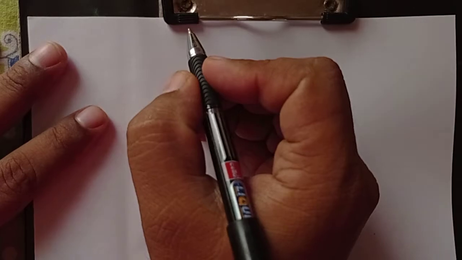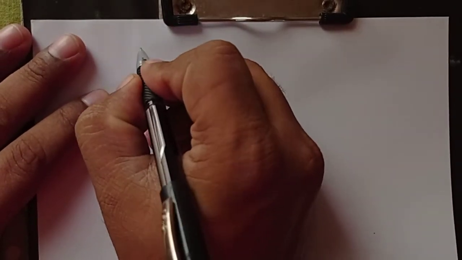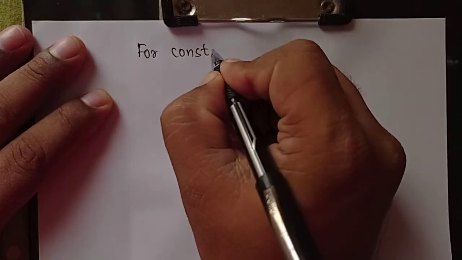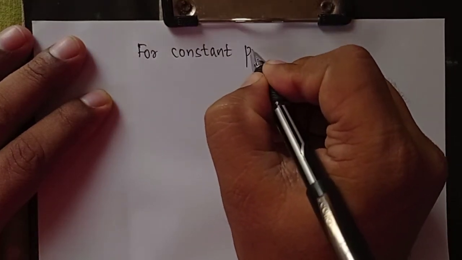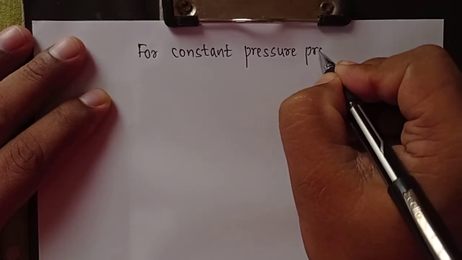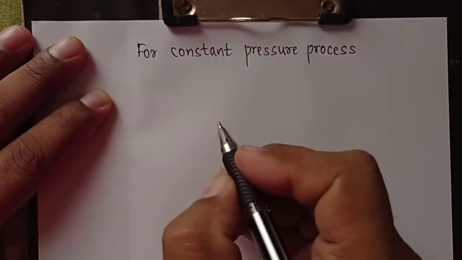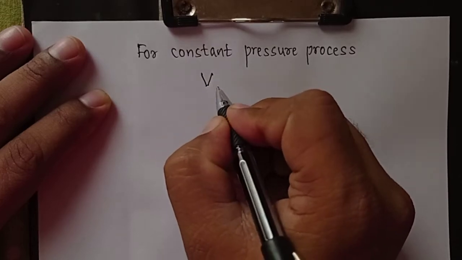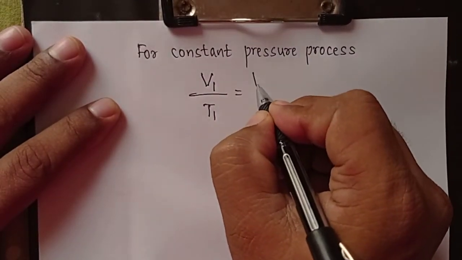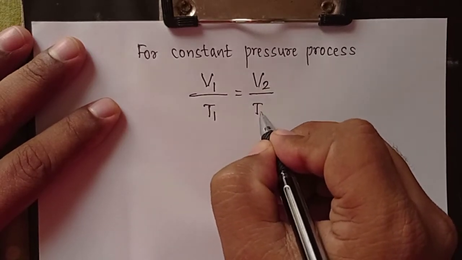So let us take first the PVT relationship, as the process is constant pressure. So for constant pressure process, what we know, that is V1 by T1 is equal to V2 by T2.